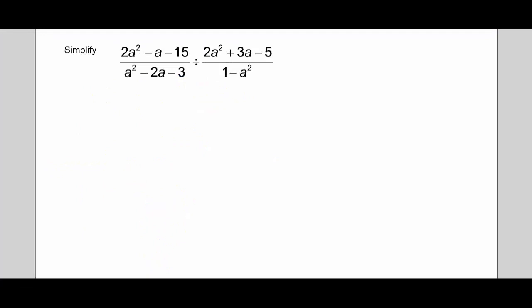So again, in this division problem, there's a couple of things I'm going to look to do. First of all, I'm going to multiply by the reciprocal, and then in this case, I'm going to rewrite it with my squared term first. So let's go ahead and do that.